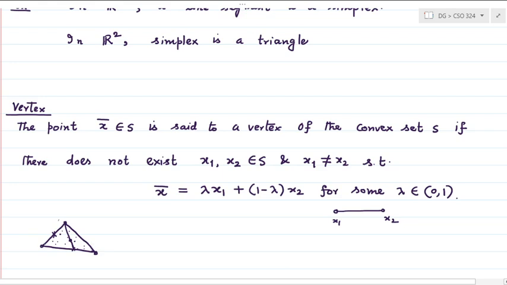Fine. And none of the points strictly inside the triangular region is a vertex. Fine. And therefore specifically for this triangular region, the vertices are precisely the kinks here.